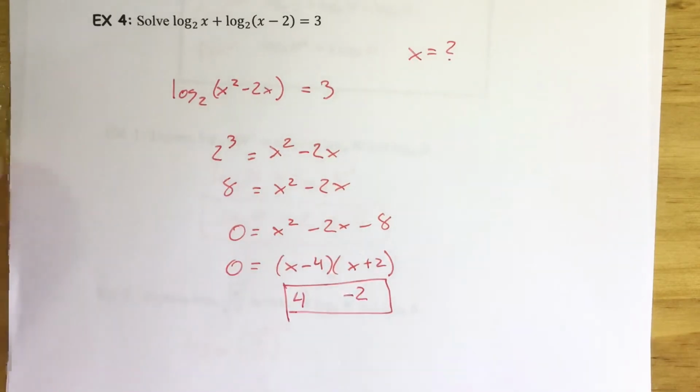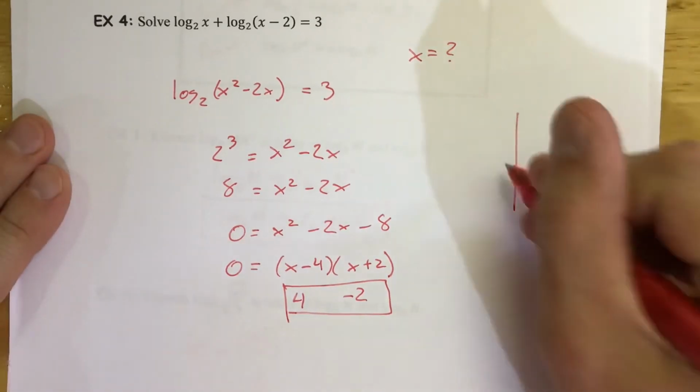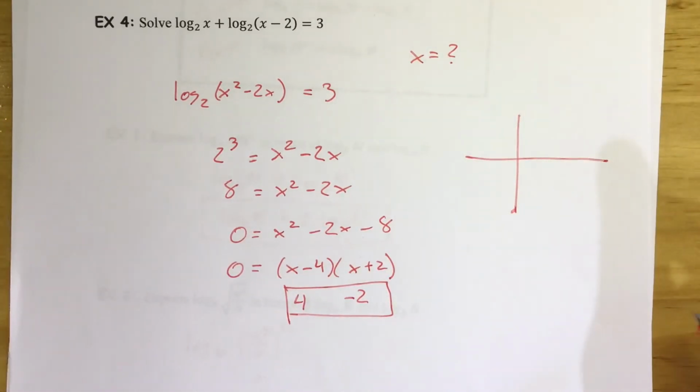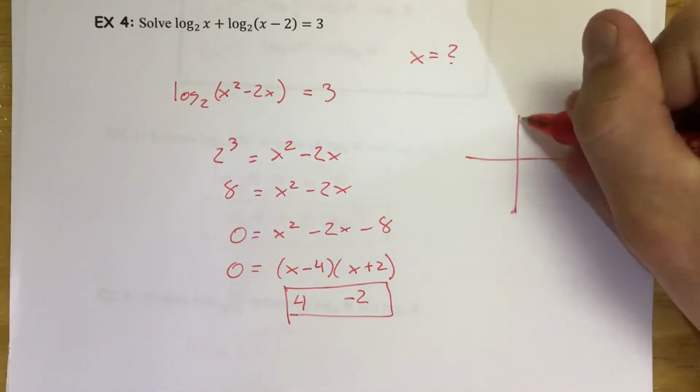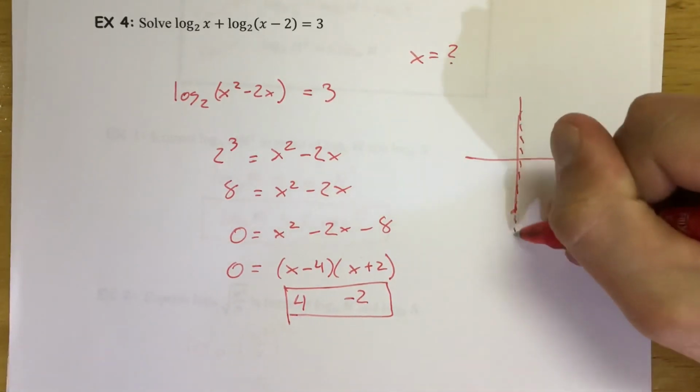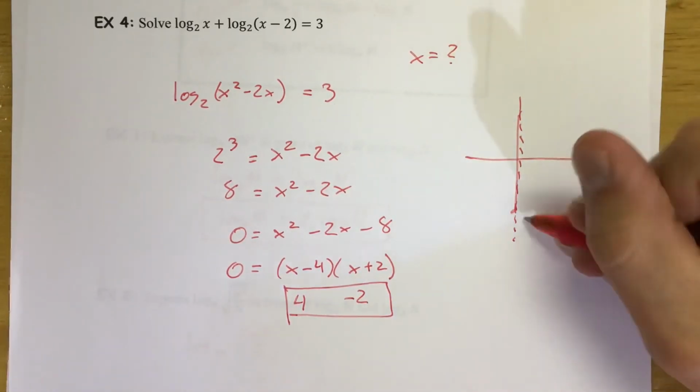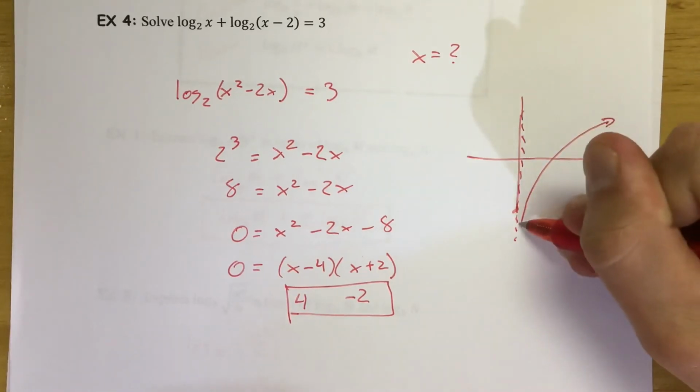We get 2 answers. But not really. You don't, because we talked about graphing previously, and we talked about the domain of graphing. Generally speaking, a logarithm has an asymptote at the y-axis and goes in this direction.